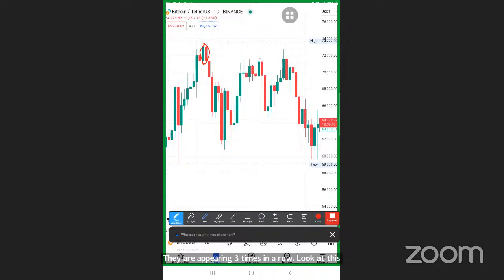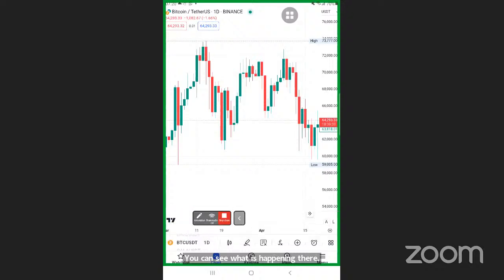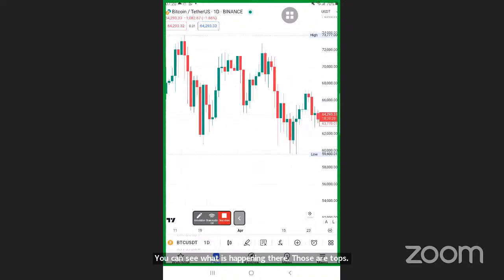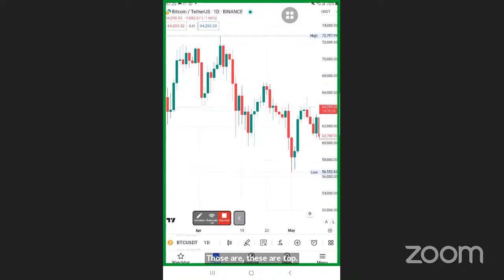Look at this, and look at this here. So you can see what is happening there. Those are tweezer tops. Whenever they appear, the market changes direction.